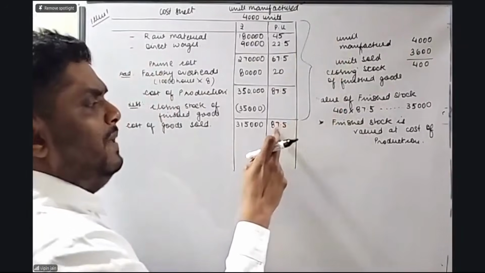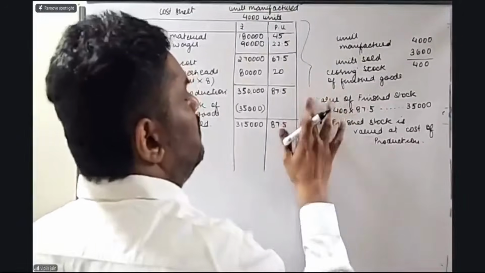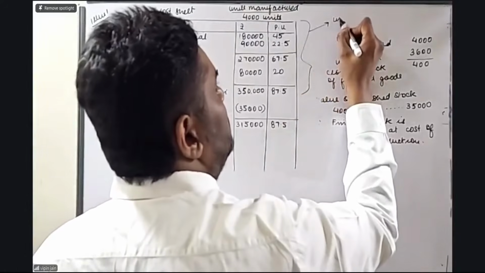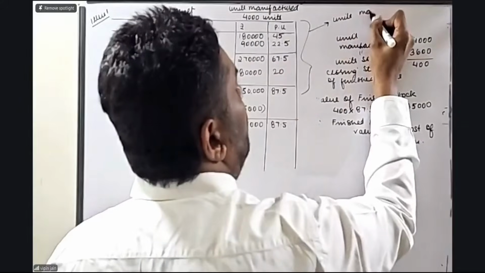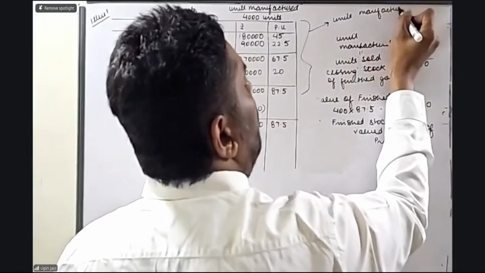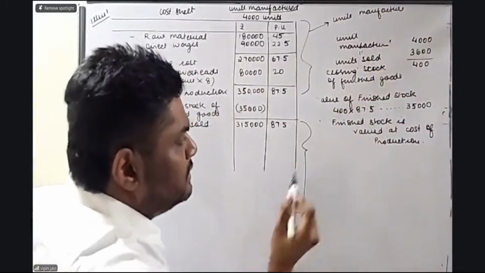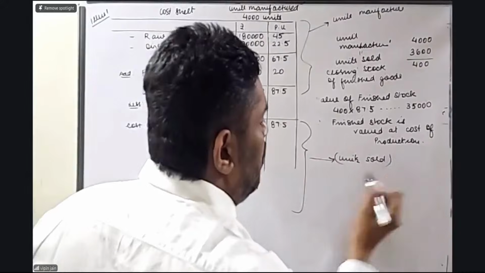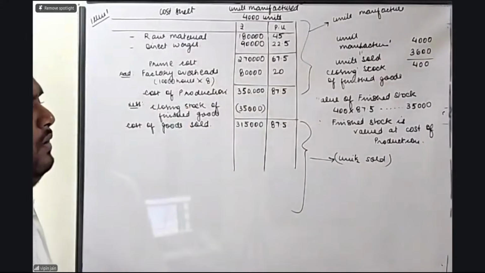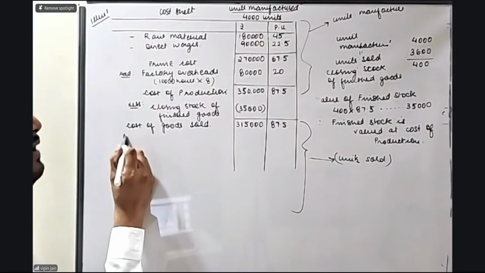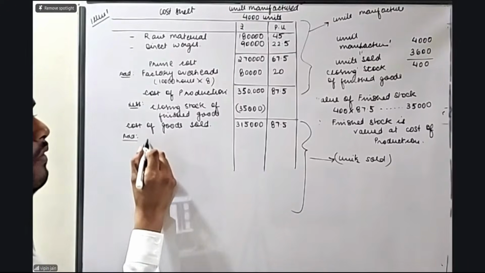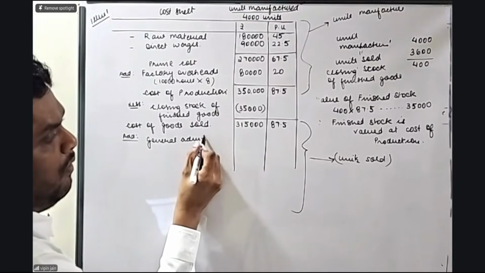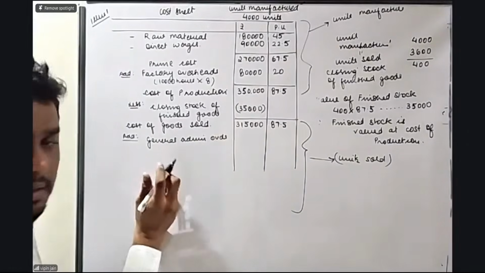Till here, we'll be using units manufactured, and from here onwards, we'll be using units sold to calculate the cost per unit. Now this is done. We will add general administration overhead.